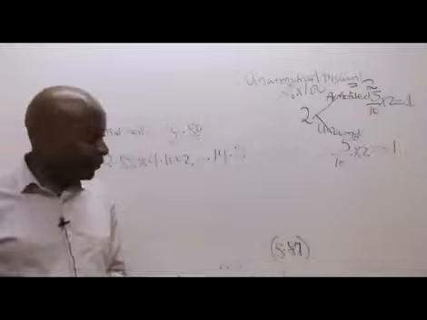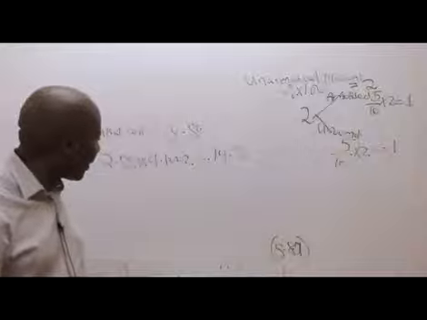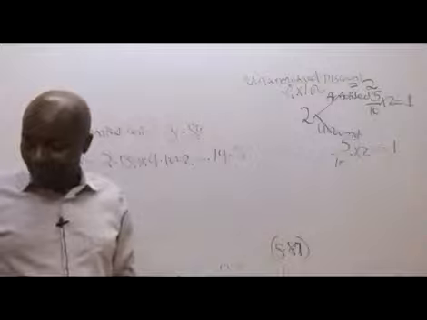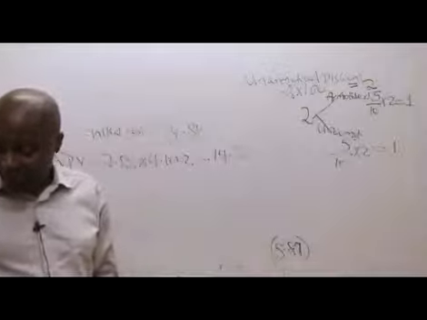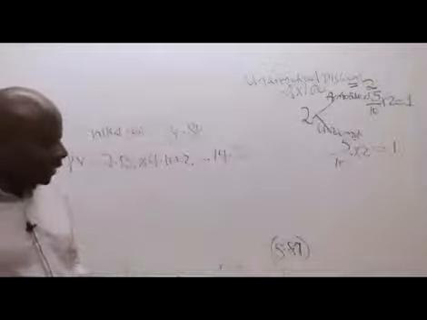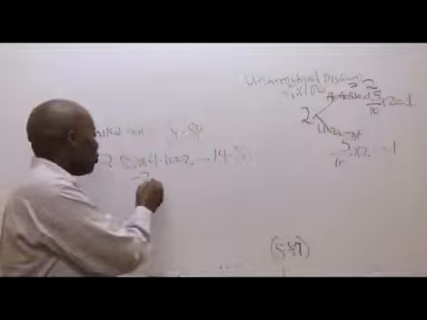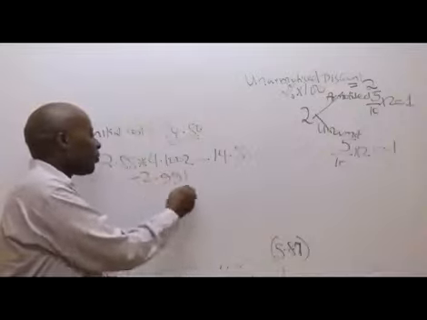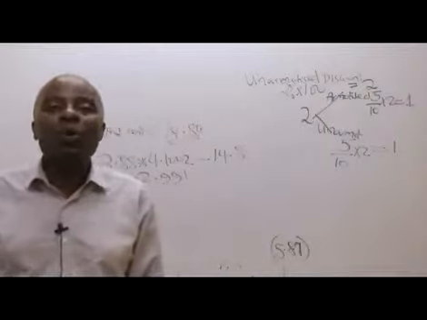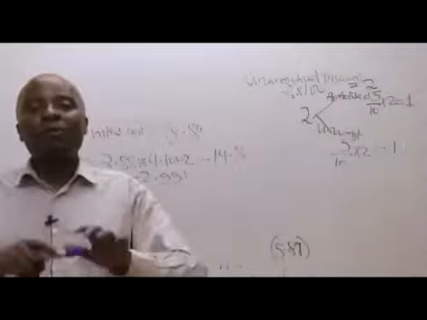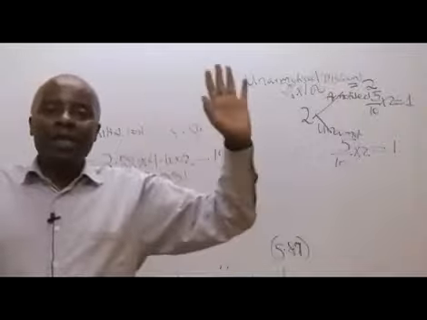Aki haiwezi kuwa negative. Kweli? Naambua negative, inasema negative 2.991. So inakuja negative 2.991. And of course, any project whose NPV is negative is a bad project. So in this case, we are better off not redeeming.